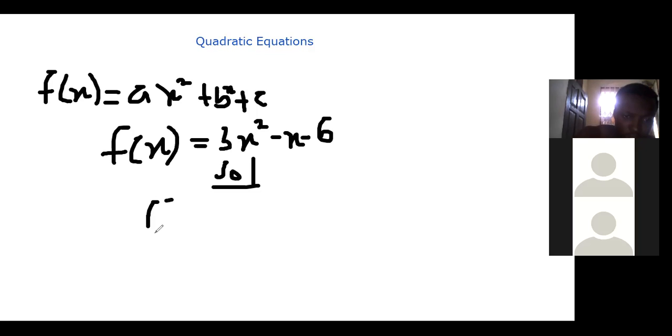So f of x, I'm factorizing 3 out, in such a way that the coefficient of x squared is equal to 1. So this will be 3 into bracket x squared minus 1 over 3 x minus 2.